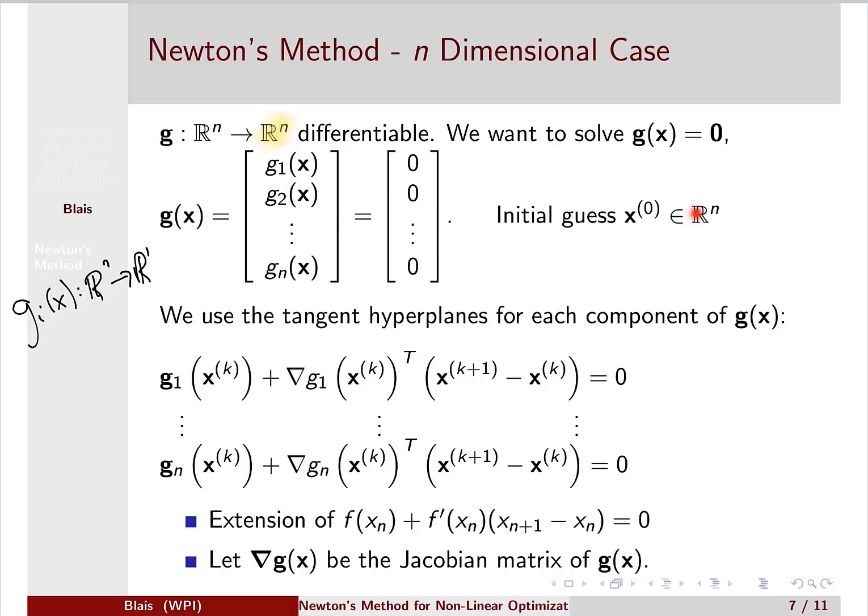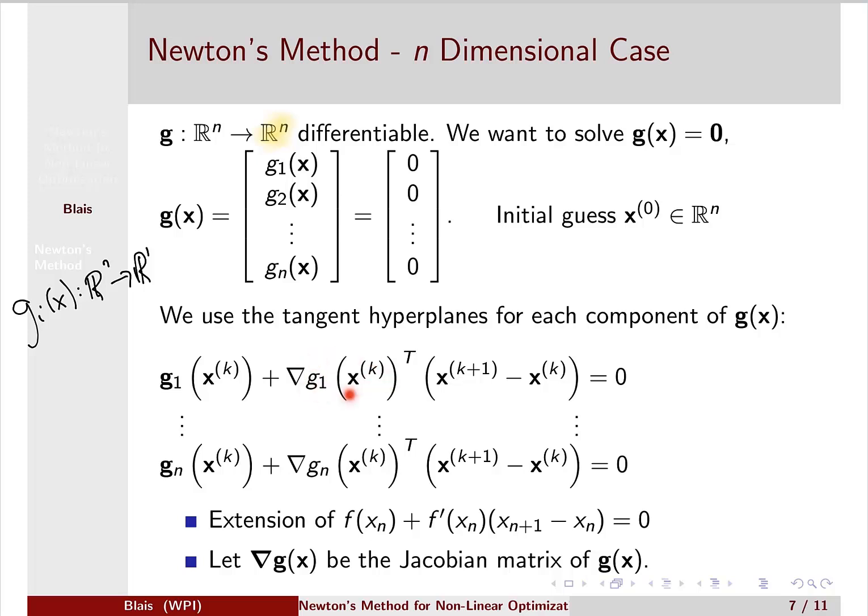And what we do is extend the Newton method that we just looked at to a vector version. So this was one way that we could write down Newton's method for a function of a single variable. And now we write that in this vector form. So instead of f of xn, we'll have g1 of xk.